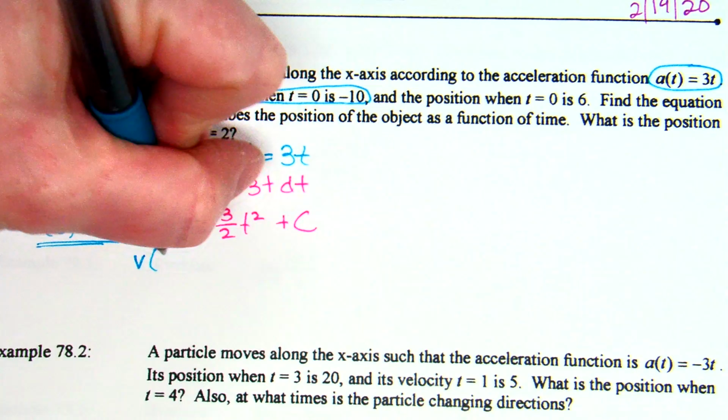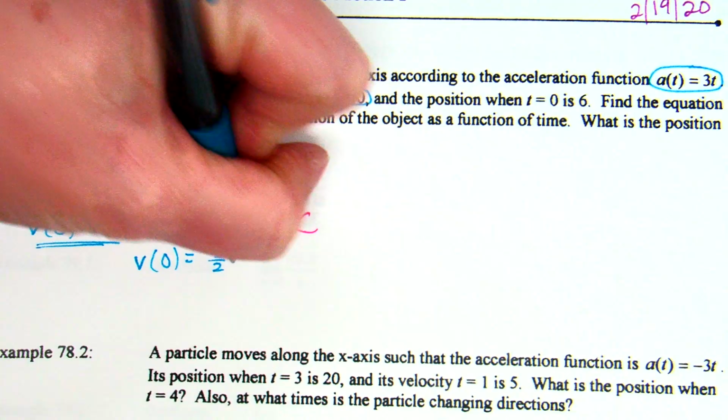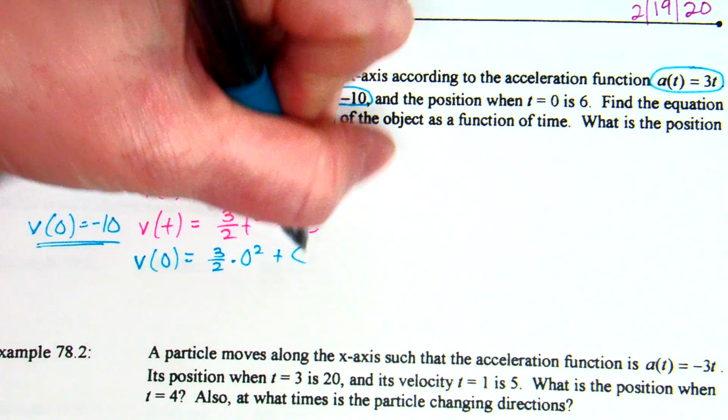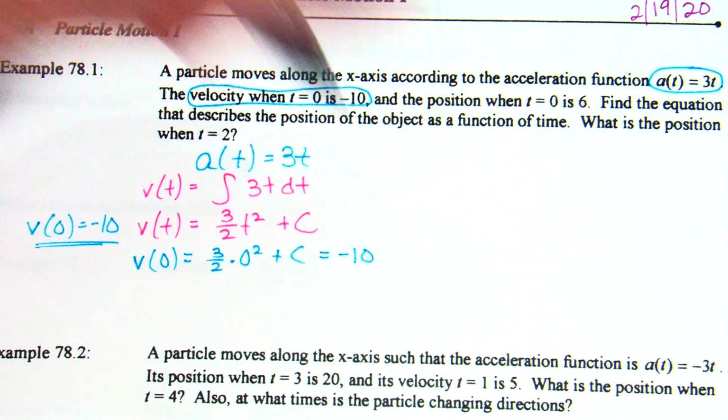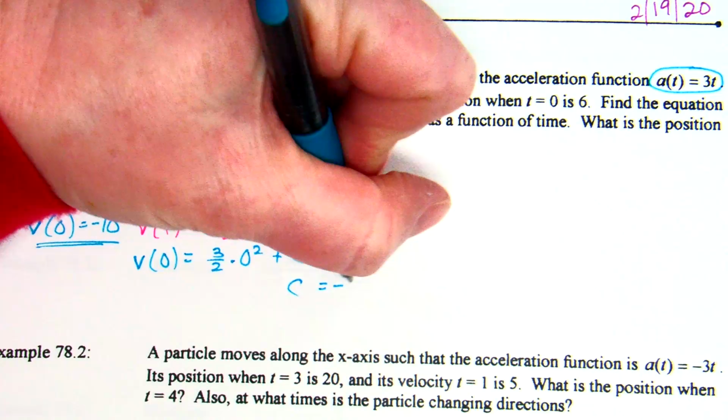If v of 0, that means you put 0 in for t. So 3/2 times 0 squared plus c, and my equation has to equal negative 10. You end up with c equals negative 10.